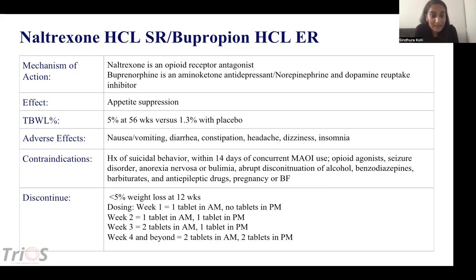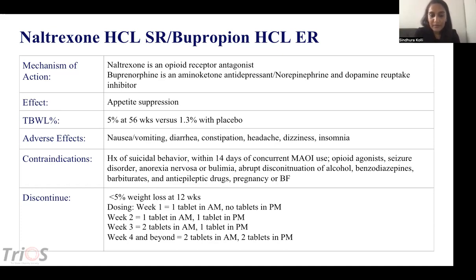Overall, the effect is appetite suppression, but it's great to use this to target patients who have more of a stress eating pattern. Specifically, they present it as a sweet tooth, or they talk about different stressors or mindless eating. Total body weight loss that we see is 5% at around 56 weeks versus 1.3% with placebo. Adverse effects are nausea, vomiting, a lot of GI issues, mostly diarrhea, constipation, headache, dizziness, and insomnia.